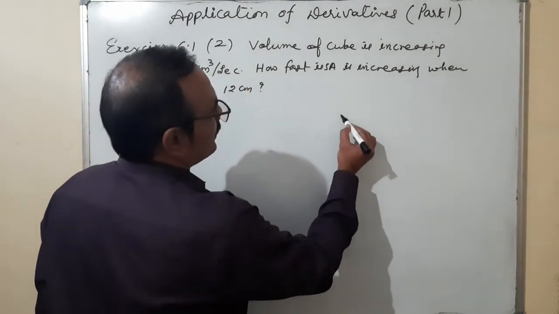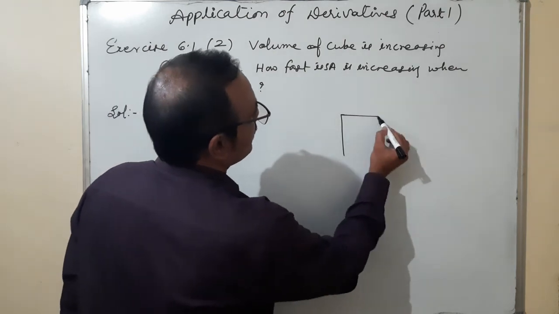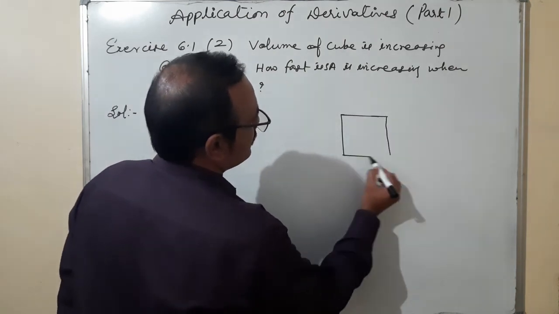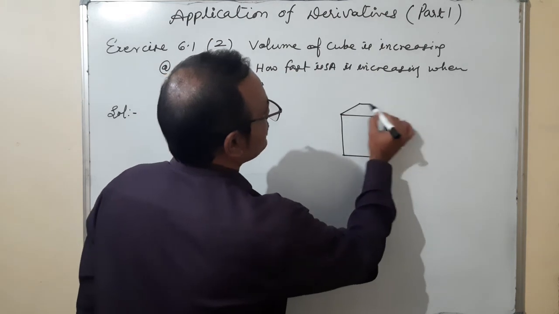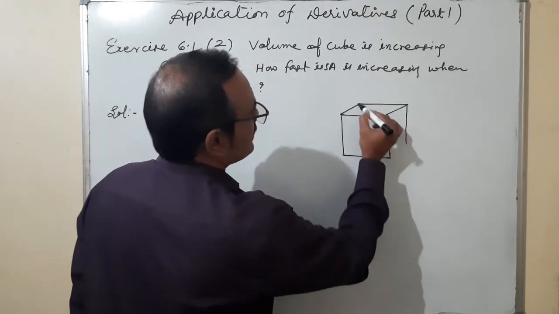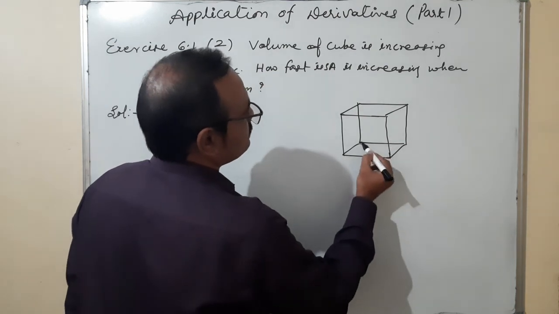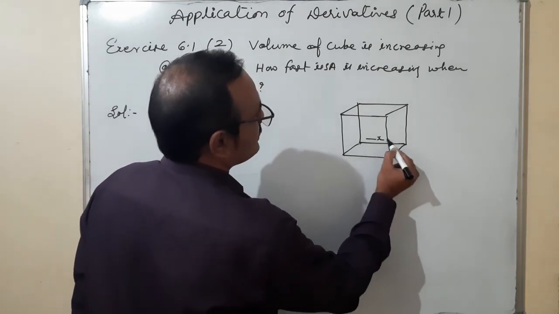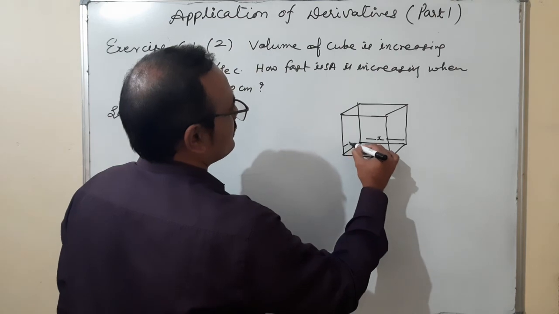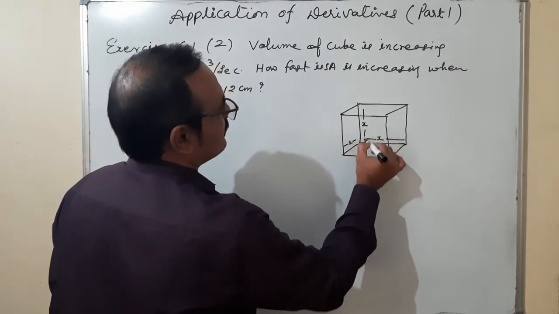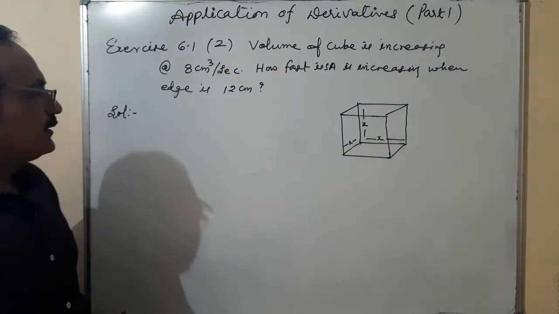Cube, you are aware of the cube. Length, breadth, height, everything is equal. We use the term edge. Okay, all sides are equal. Suppose it is x, x, and x. Okay. So what does it mean?